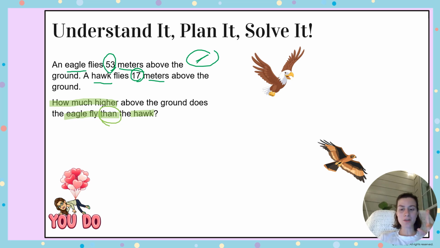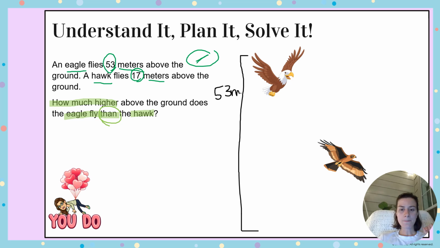Okay, so now I'm going to move on over to these pictures here. I have my eagle flying high in the sky, and I also have my hawk. Let's go ahead and label this. Okay, so my hawk is high in the sky, 53 meters above the ground.